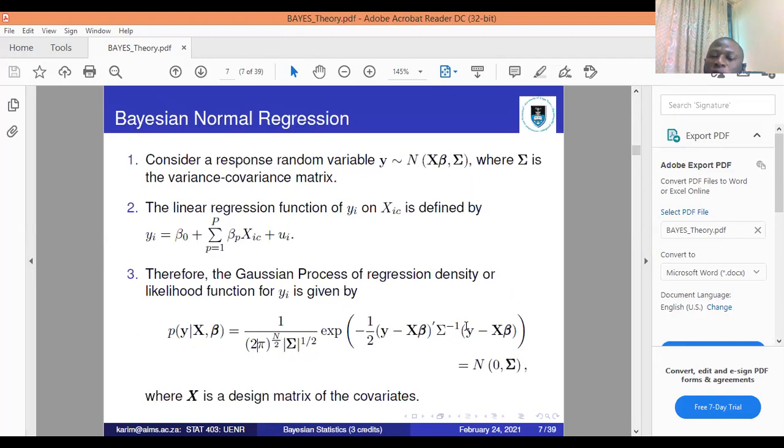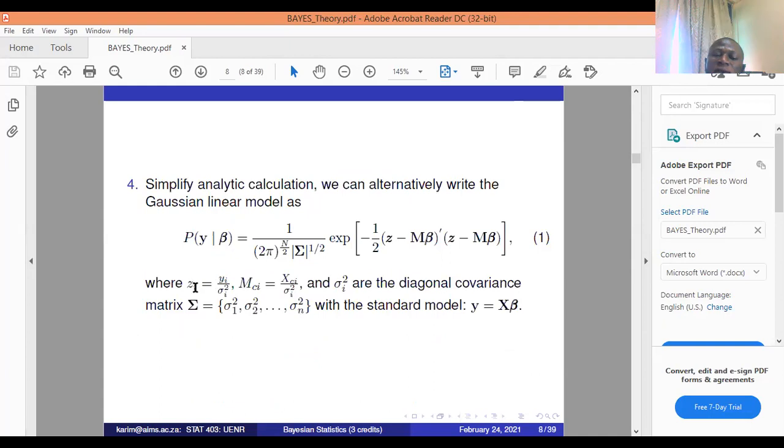We have the sigma here, that is the variance covariance matrix. So we can simplify that by just putting Zi to be equal to y over the variance, and m to be equal to the covariate over the variance. And we just substitute our Z here. And then our m is going to be the covariate, which we just substituted here, and we have our beta.